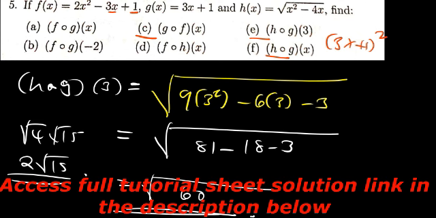What do I mean? Before I plugged in x, that answer which I said h of this, before I plugged in the values, it was 9x squared minus 6x minus 3. That was the answer for part F. Then E is the one which we have found now here.